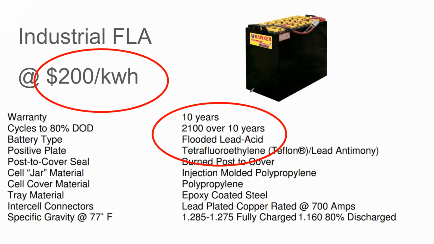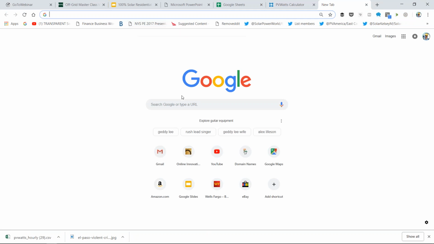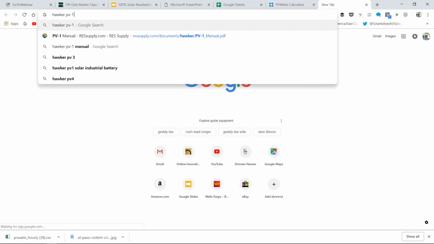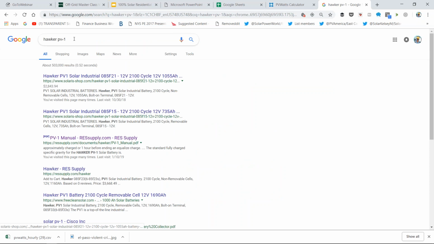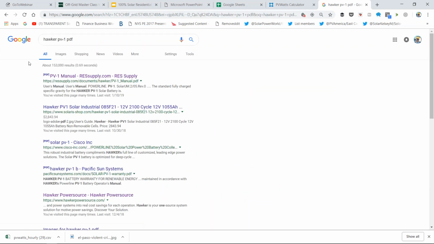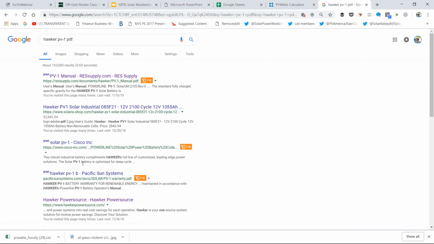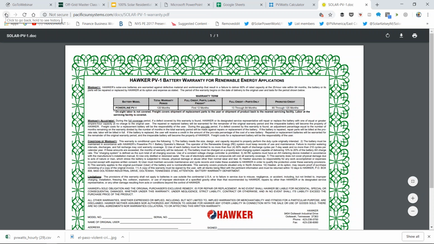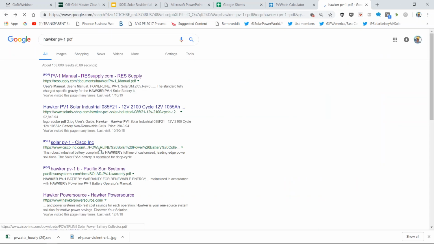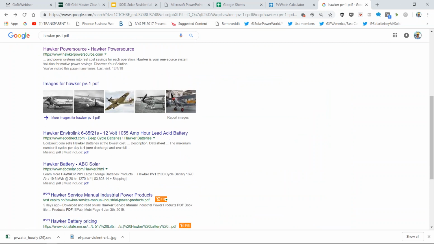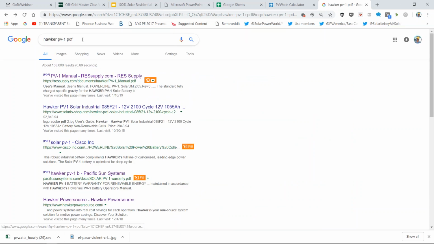So they actually updated the spec sheet of this one battery, and my jaw kind of dropped. This is where I took the cycle rating off of their manual, and the battery manufacturers, the industrial battery manufacturers are, let's see.